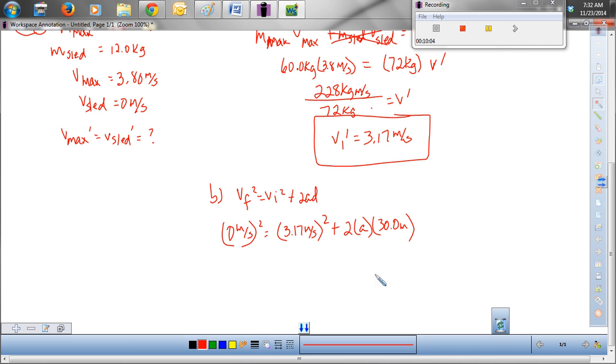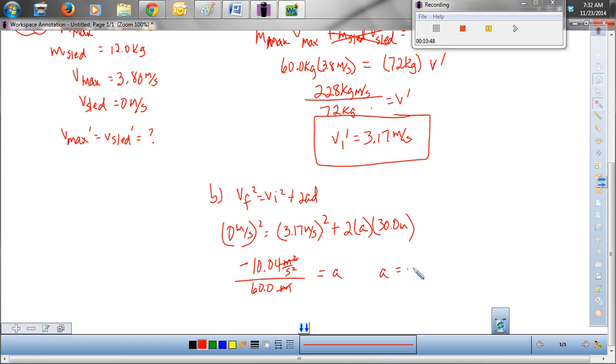And my iPad did not like that. So we're just going to clear that. And we get about 10.04, and then we're going to move that over to the left-hand side, so we have negative 10.04 meters squared per second squared, and we're going to divide that by 60 to give us our A, 60 meters.